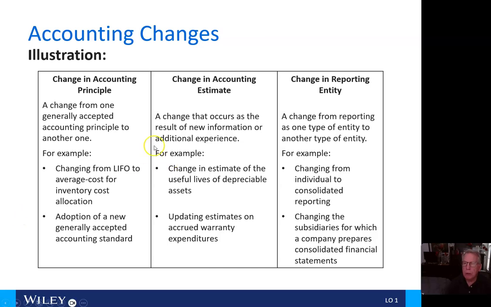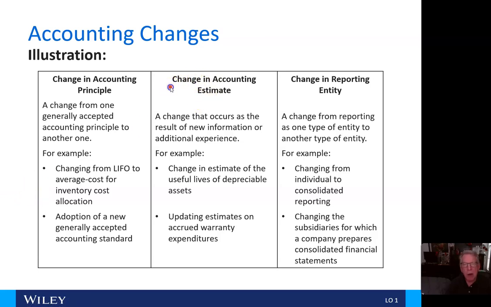Okay, so if we illustrate this a little bit, a change in accounting principle is a change from one generally accepted accounting principle to another one. For example, 1. Changing from LIFO to weighted average cost for inventory cost allocation, and 2. Adoption of new generally accepted accounting standards.